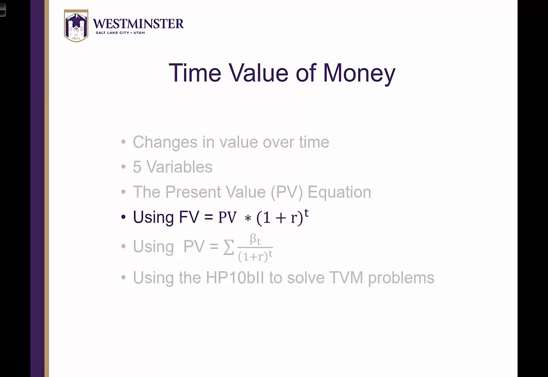So now let's go yet further still, and we'll look at using future value is equal to present value times 1 plus r to the t. So we're going to rearrange some equations here. We started, of course, with present value being equal to beta t divided by 1 plus r to the t.